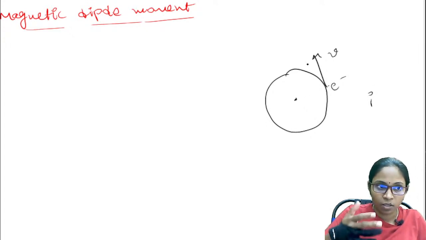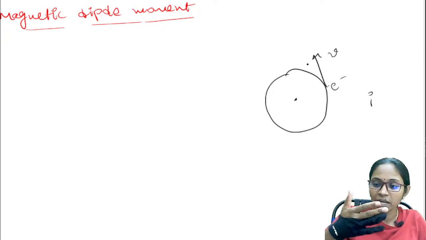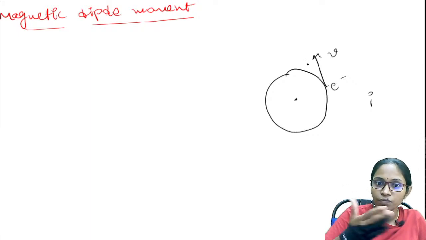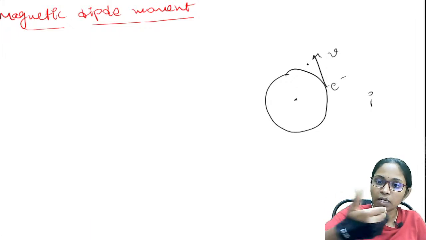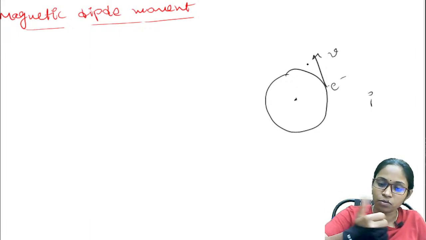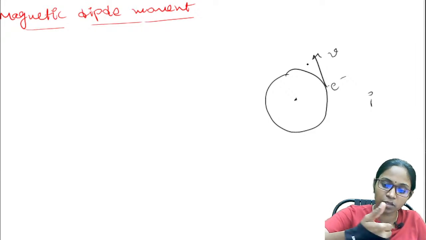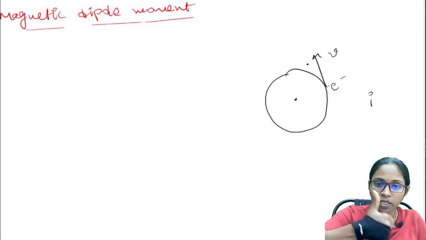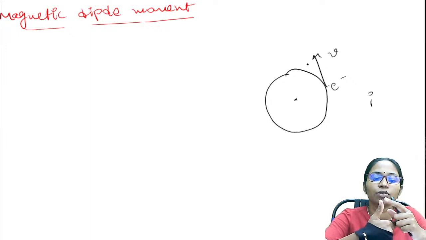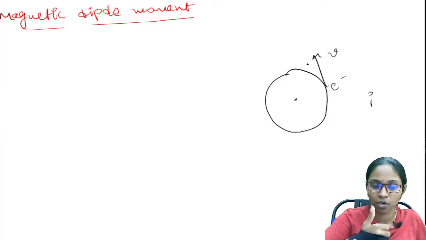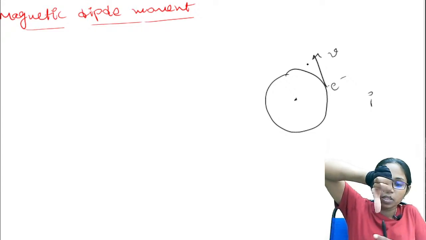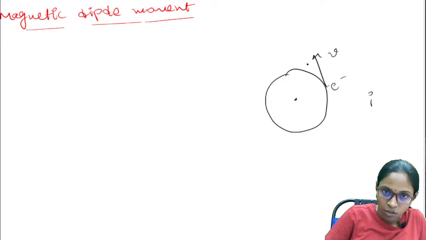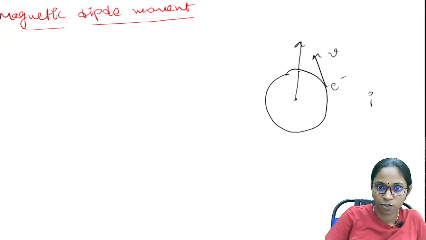If you take the right hand thumb rule, if this is the direction of the flow of the current, the thumb direction gives the magnetic field direction. So if this is the direction of the current, you will have the magnetic field in this direction.